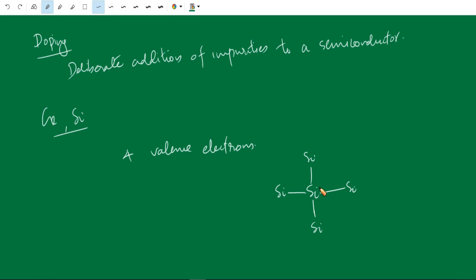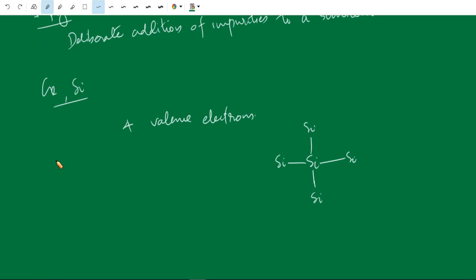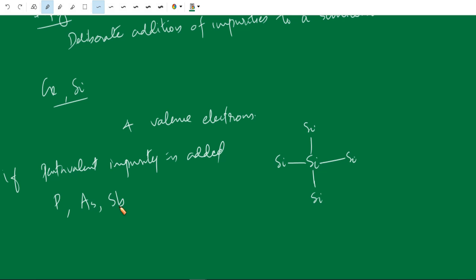Now, if a pentavalent impurity, that means an impurity atom with 5 valence electrons, is added, then a silicon atom is replaced by the pentavalent impurity like phosphorus, arsenic, antimony. If we add this in a very small ratio, then a silicon atom is replaced by this atom.